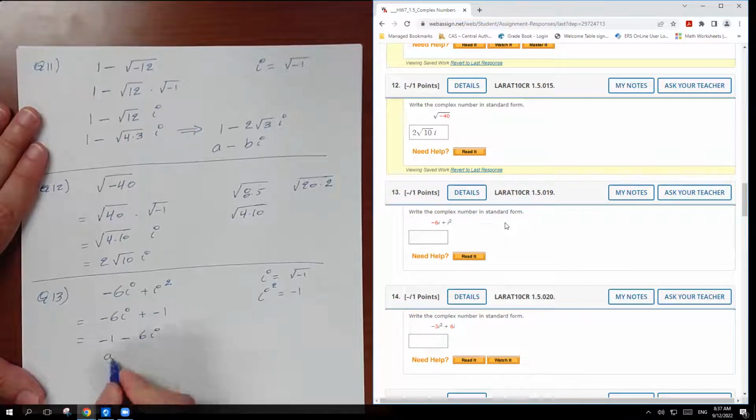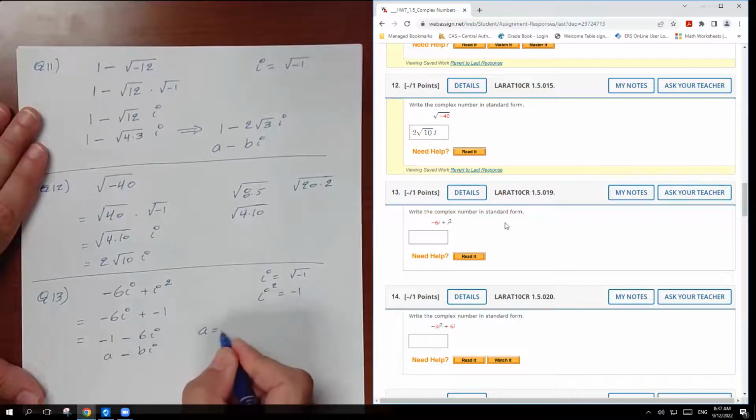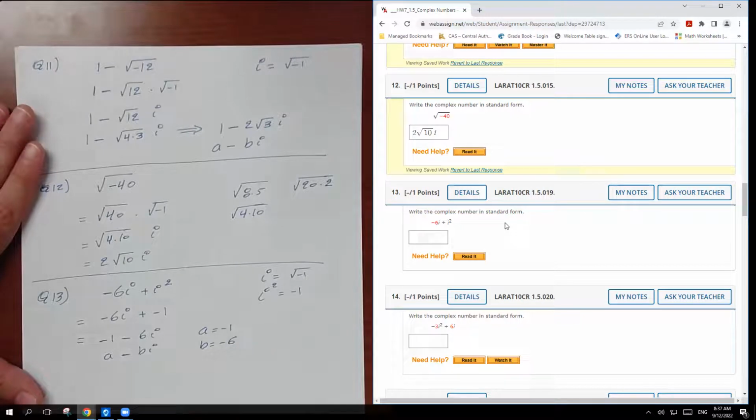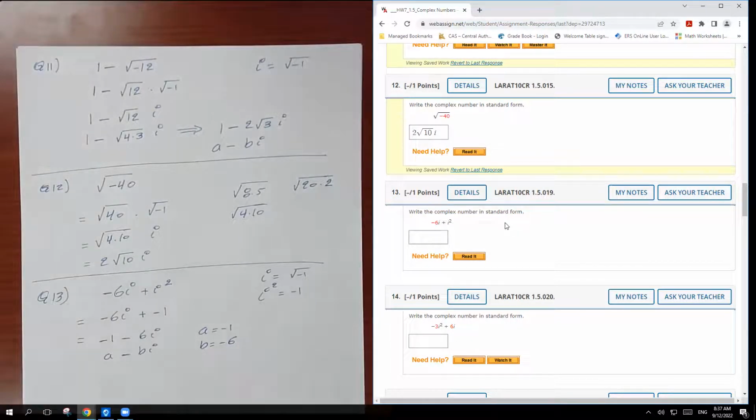Now, this is a minus bi. That means a equals -1 and b equals -6. So this is the real part and the imaginary part. So in this case, we're going to write down -1 minus 6i. That's it for this question.